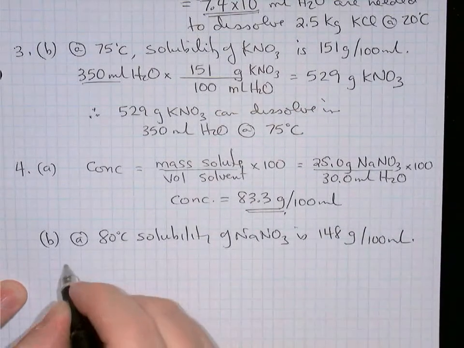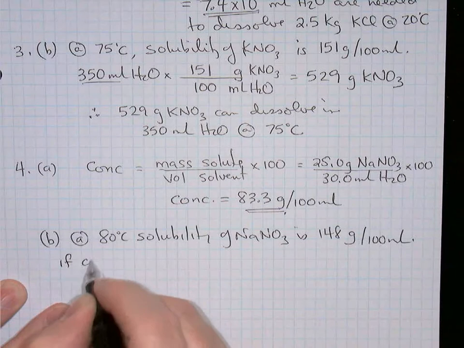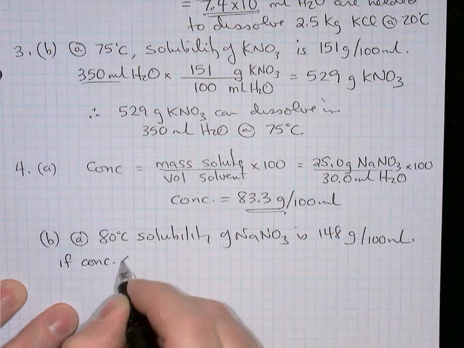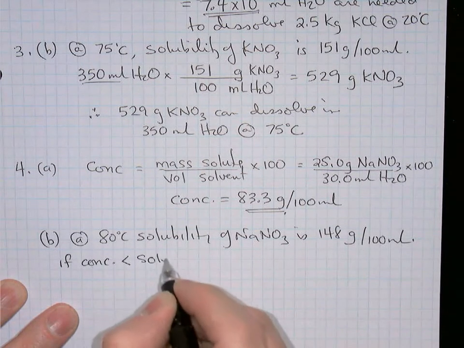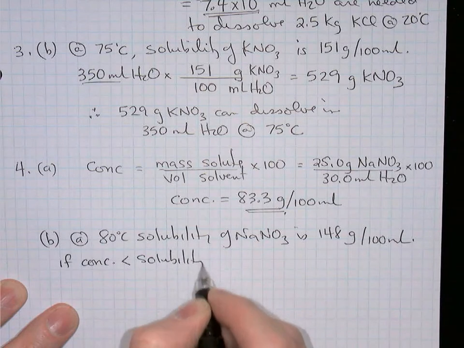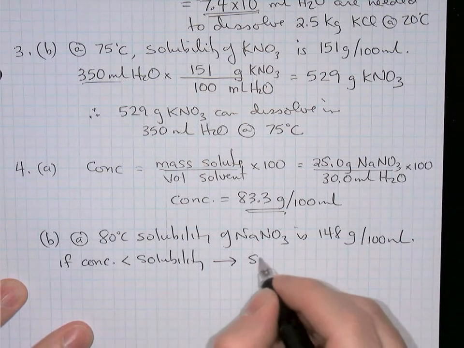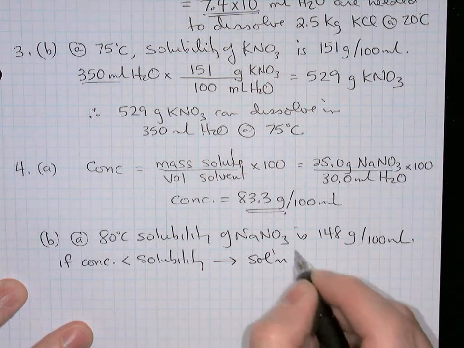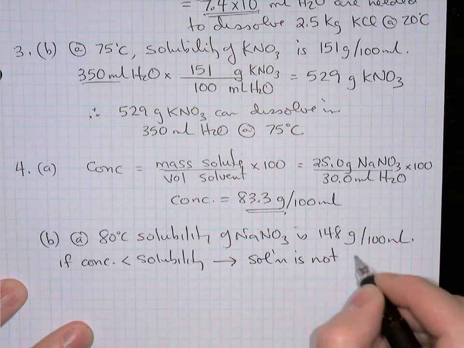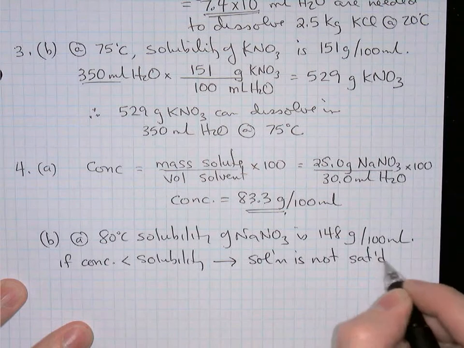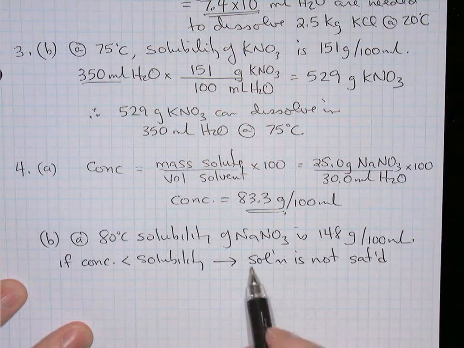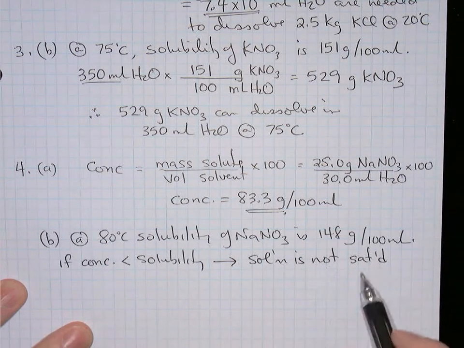So we have 3 situations. So if the concentration is less than the solubility, what does that mean? Well, it means the solution is not saturated. And I'm just using abbreviations. Solution is not saturated.